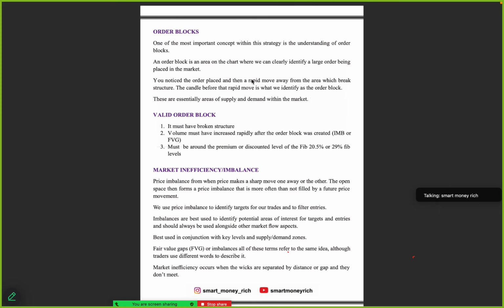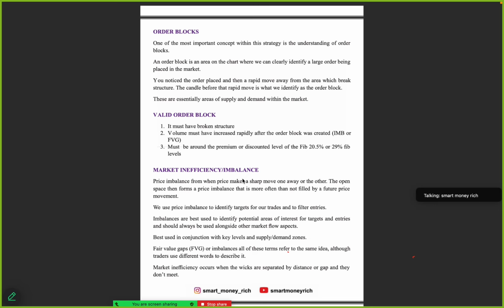That rapid move away from the order block is what causes what we call imbalances, inefficiencies or fair value gaps. If you talk about inefficiency, market inefficiency, imbalance, or fair value gap, they all mean the same thing.